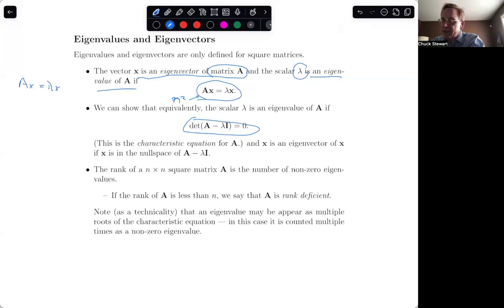So we have Ax minus lambda x equals 0. Now we slip in a nice little trick. We can put in the identity matrix because the identity times any vector is that vector back. And now we can factor.